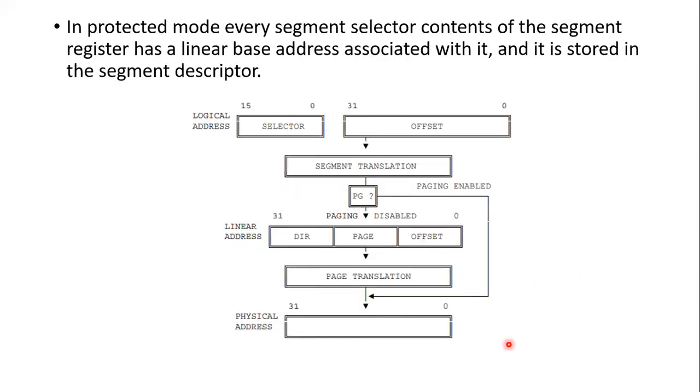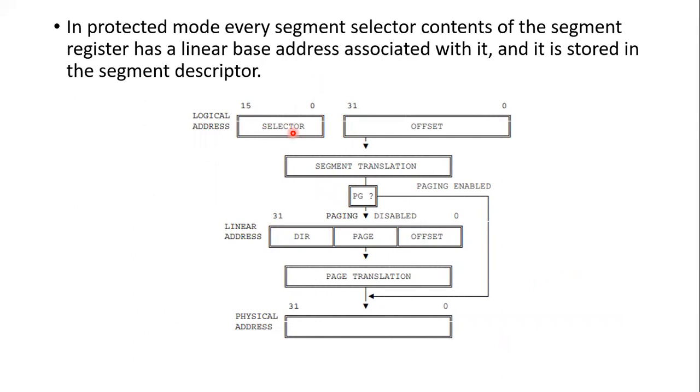This is a diagram over here. Now what happens in protected mode? This is nothing but your selector, which contains the segment register. Just mark this line, I am talking about protected mode.